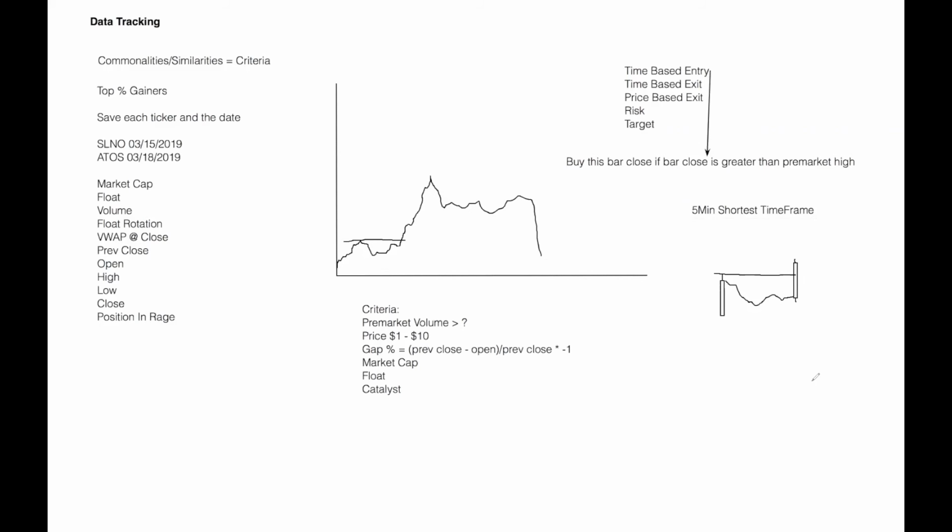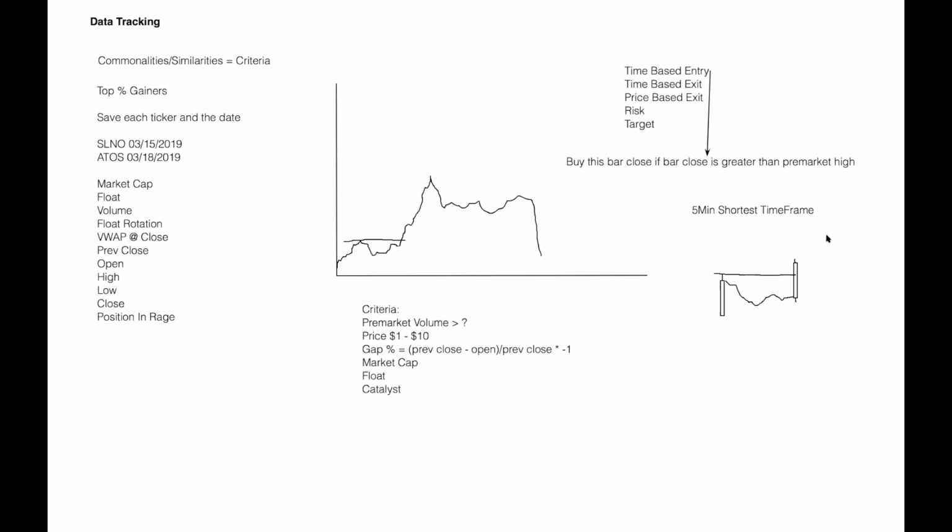Now our entry point in our testing is the close of this bar, not the breakout level, because that's unrealistic. It's unrealistic that you're going to get this entry every time, unless maybe you have an order waiting with a slippage factor in there. You could do that, but that's you trading, not testing for an edge.